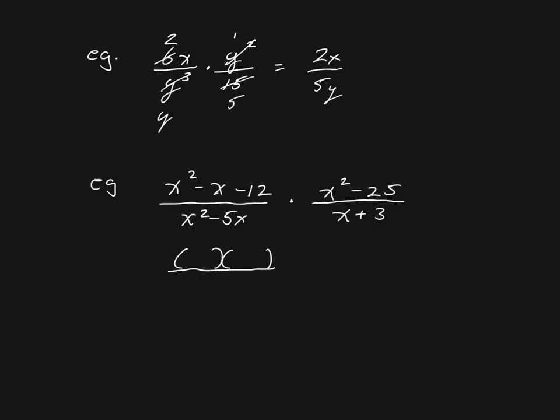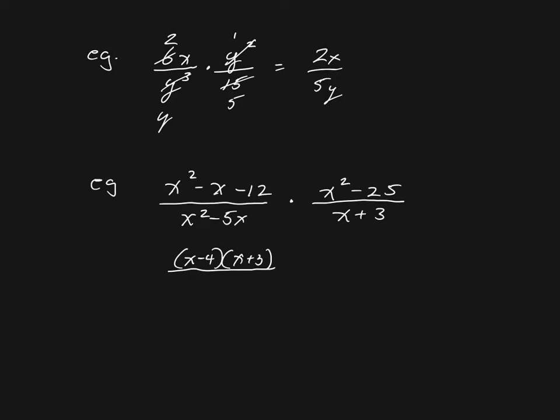Okay, what did you say? Negative 4 and 3. So you're going to say x minus 4, x plus 3. Check your numbers: negative 4 and plus 3, does that give negative 1? Yes. And negative 4 times positive 3, is that negative 12? Yes. So we did it right.